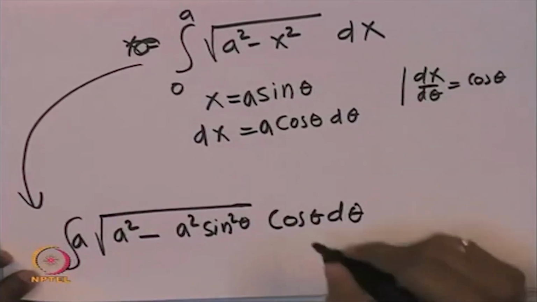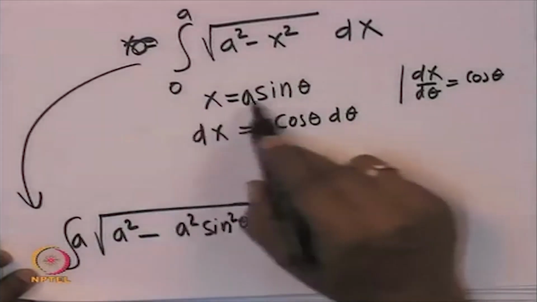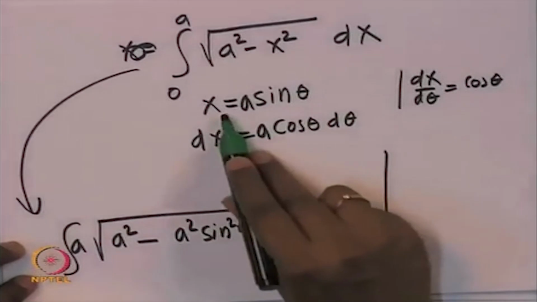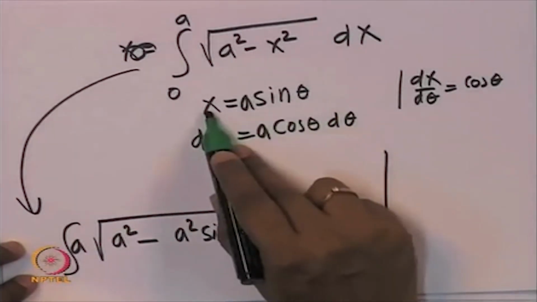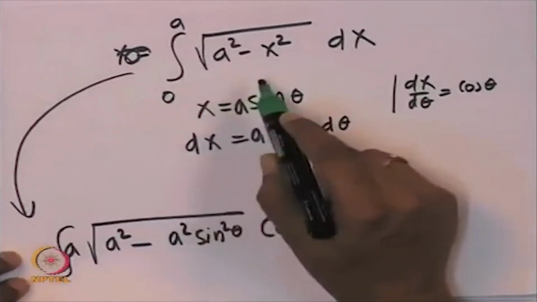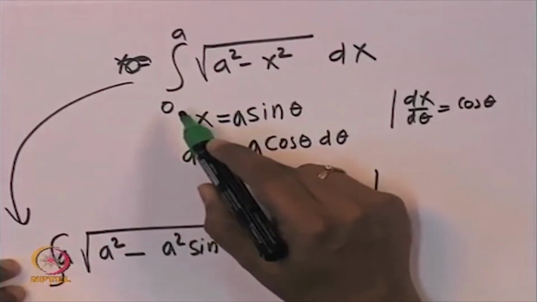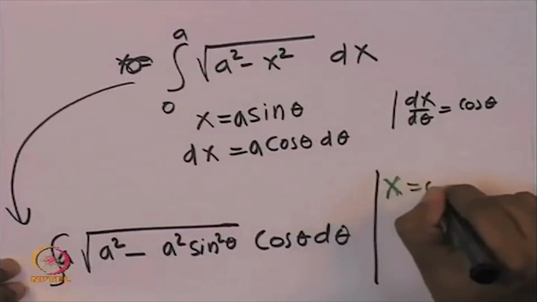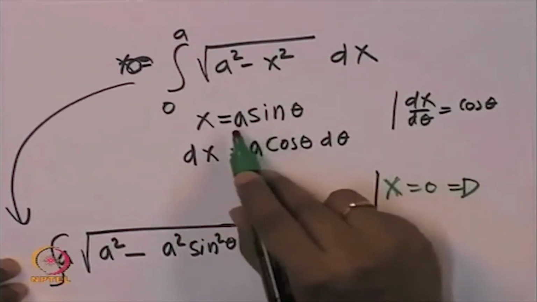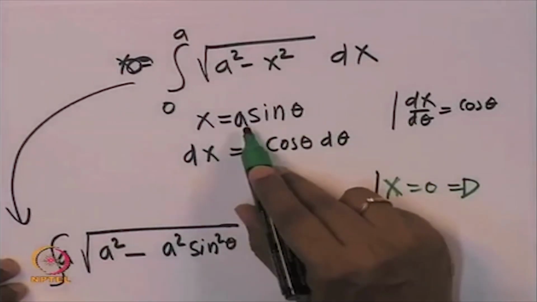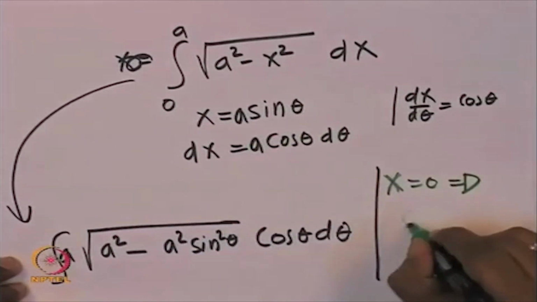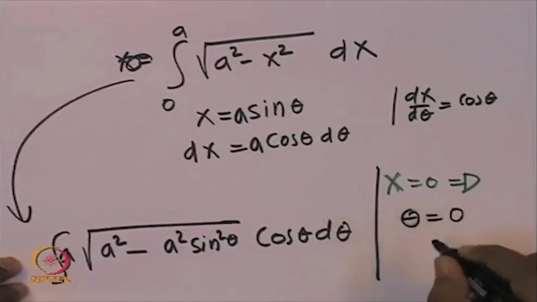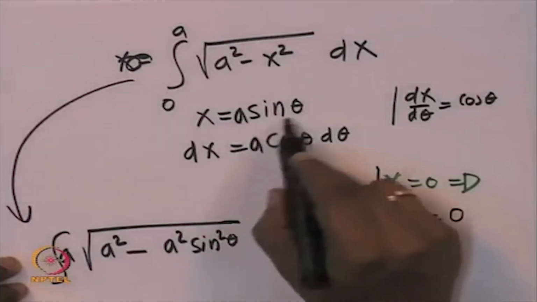Now we have to think of the limits. We have x is equal to a sin theta. When x is equal to 0, the lower limit, sin theta is equal to 0, so theta has to be 0, because sin 0 is 0.